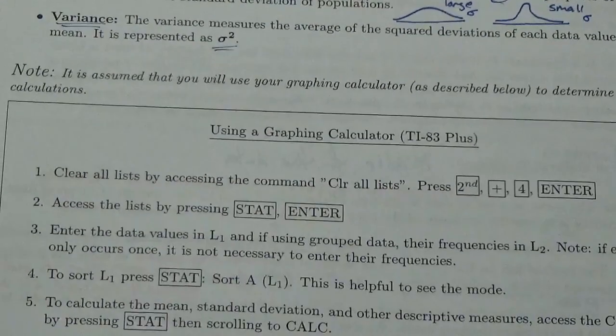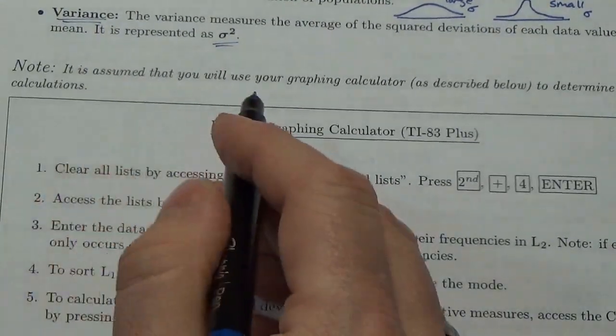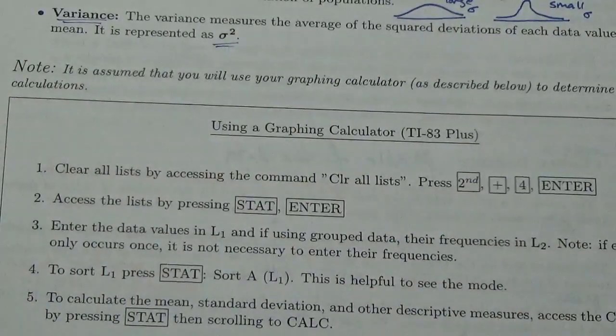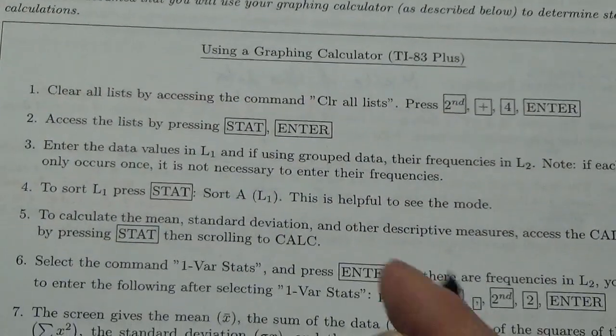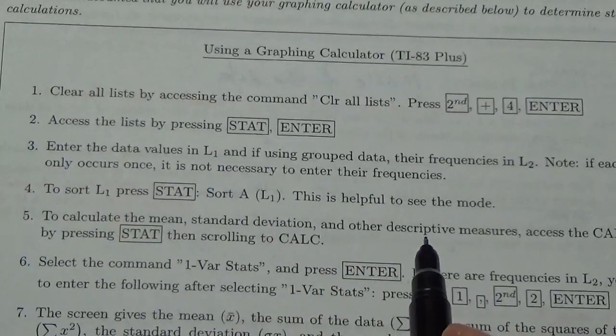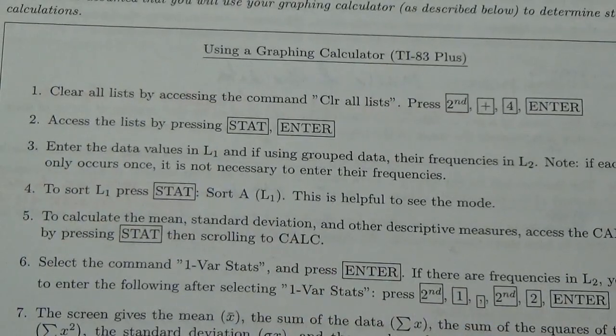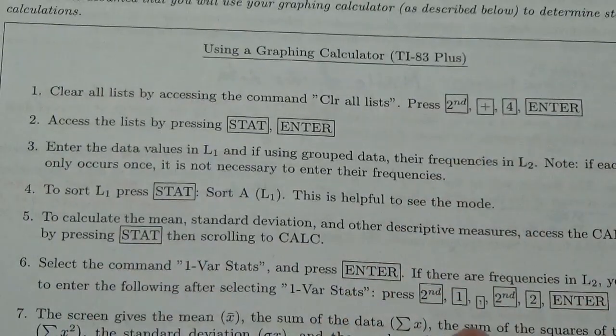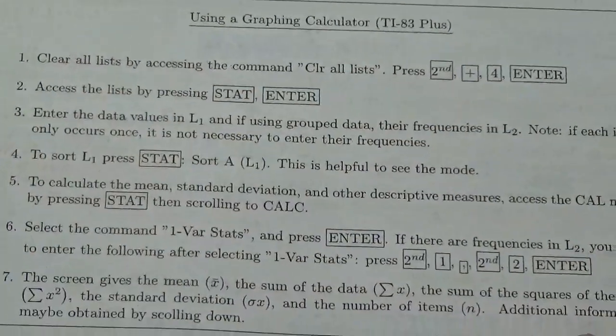Okay, so now, quick note here. It's going to be assumed that you're going to use your graphing calculator to determine these statistical calculations. So what we've got here is just a quick outline as to how to do this. What I'm going to do though is walk you through this when I take a look at an example, because you can read through all of this if you want.